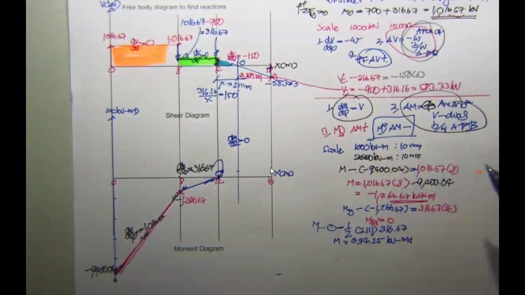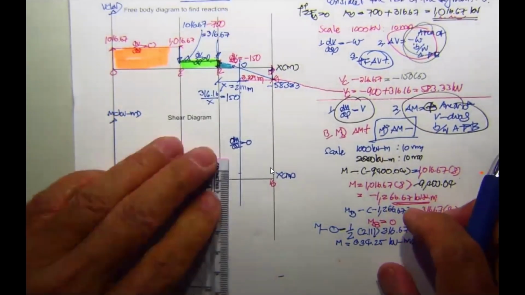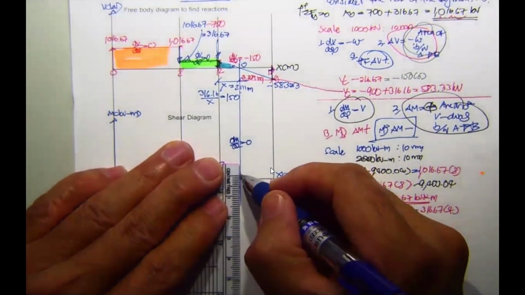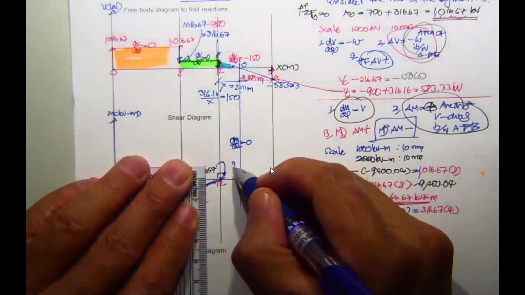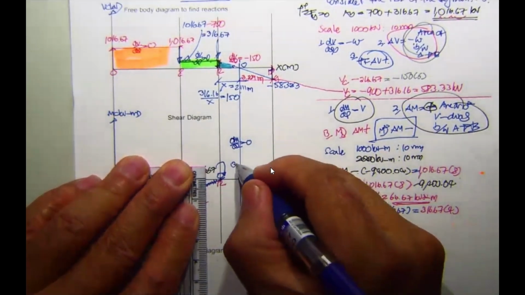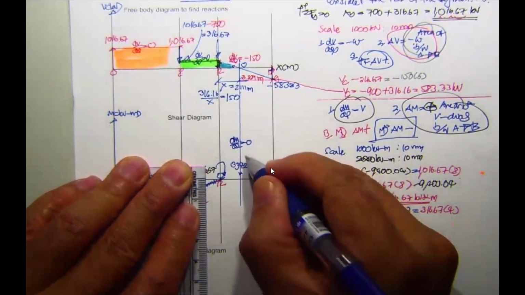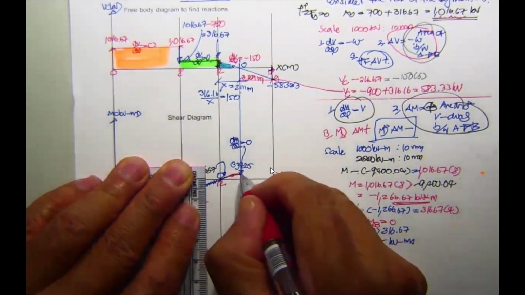That's going to be very small, because 2000 is 10 millimeter, so it's going to be very small, 1.5 millimeter, something like this. And the slope is going to be 0. This is going to be a curve.